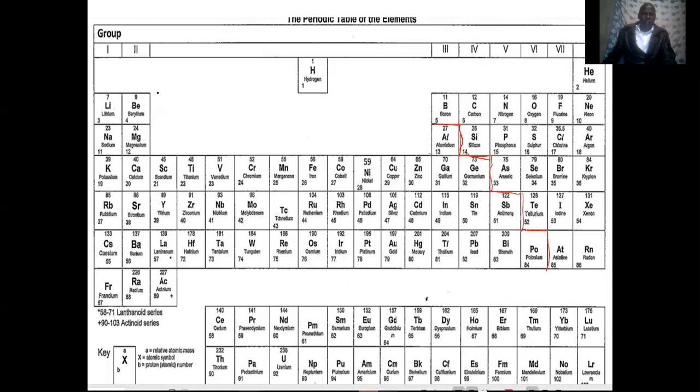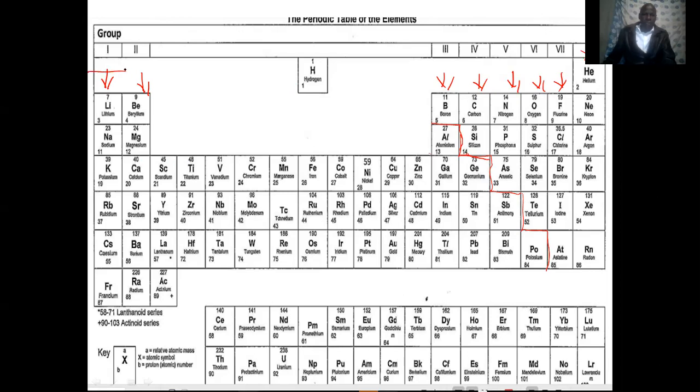Well, I'll briefly explain how the periodic table is arranged. It has groups. The groups are these vertical columns. These are known as groups, and on a periodic table there are 8 of them. Then we also have the horizontal rows.